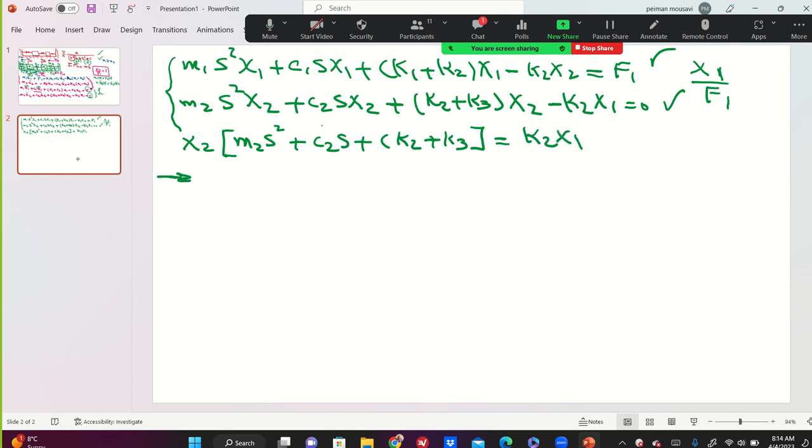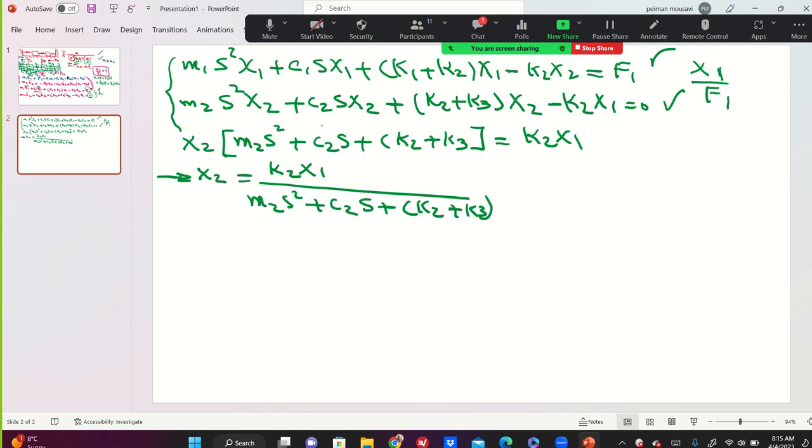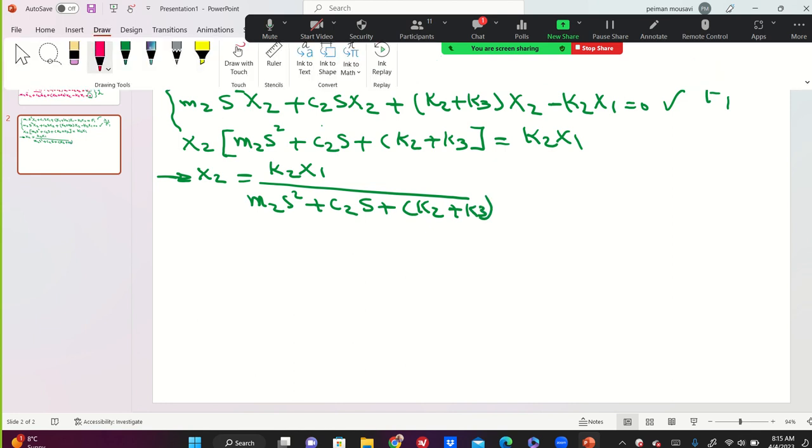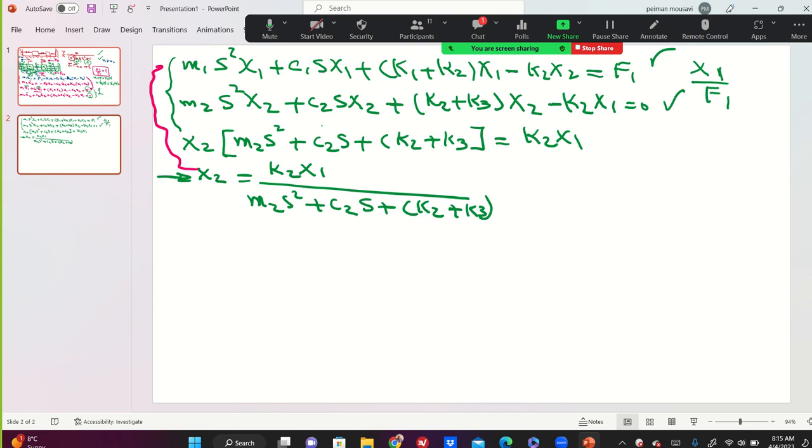So you get that x2 is k2 x1 divided by m2 s squared plus c2 s plus k2 plus k3. What I'm gonna do, I'm gonna implement this here.